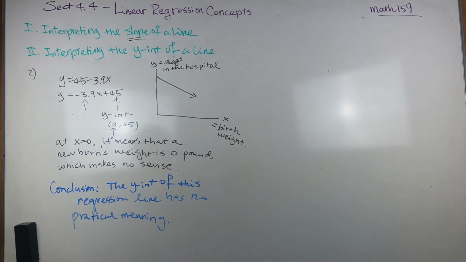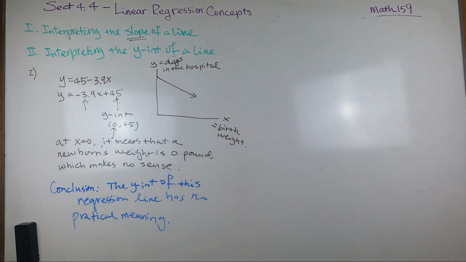Talk about birth weight. Birth weight cannot be 0, otherwise you don't have a newborn. Is that right? Then talk about the meat eater. If you eat meat 0, then you are not a meat eater. So that's not a relationship we were looking for, right? So x is 0 has no meaning.